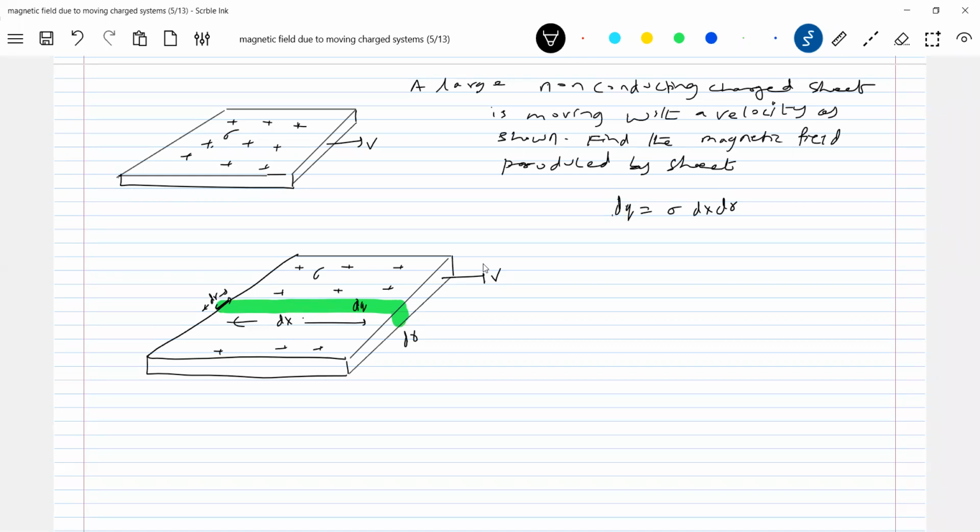Okay, after this, how to get the field? We were asking for the field, no? So go back, shall we take help of the Biot-Savart law? This is equivalent to a current carrying sheet. Again, for your understanding purpose, I'm bringing in this concept of a sheet. So it is as good as, for me, there is a sheet. Now where is the current coming from? This should be out of the plane.